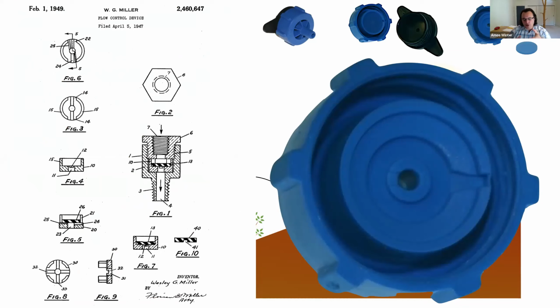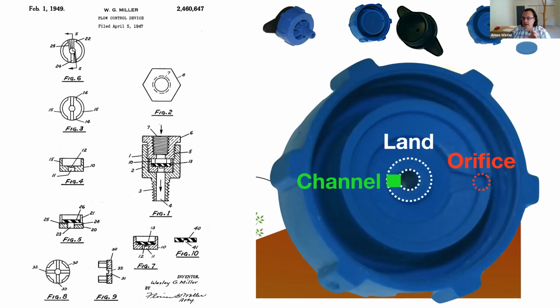The first flow restrictors like this were invented in the mid-1940s, and they've been used since then. But we realized that the theory that governs how they work had never been articulated quantitatively and predictively. So we had to investigate what the core flow control features were, which are the orifice, land, and channel.